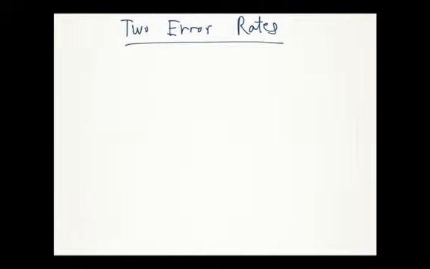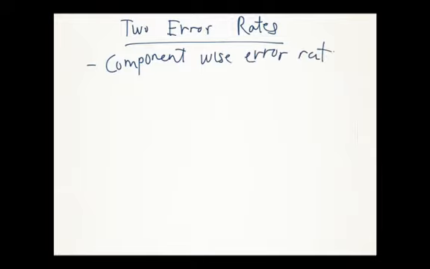So, there are 2 types of error rates. First, there's the component-wise error rate. That's the type 1 error rate for each comparison.